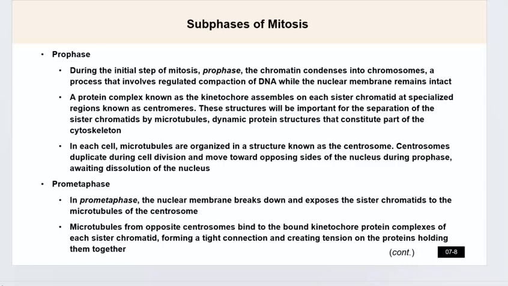They form this very tight connection, and now we're creating tension. So in my mind, in prophase, the nuclear membrane is remaining intact, and those tendrils are beginning to move towards the outside of the cell. But in prometaphase, we actually bind and form a tight connection with tension.